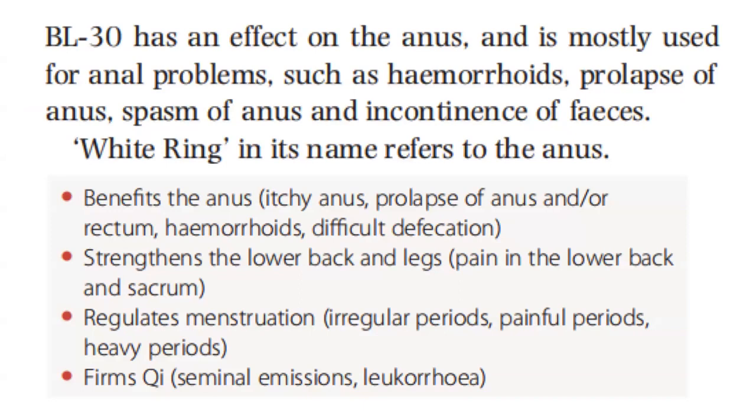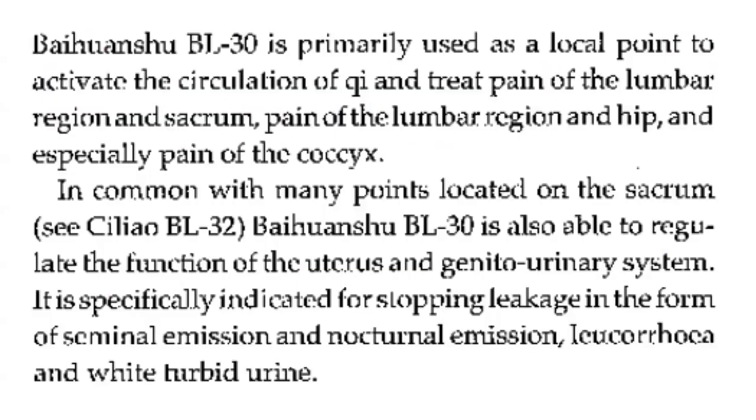Bladder 30 benefits the anus, so this is very good for itchy anus, prolapse of anus, anorectum, hemorrhoids, and difficult defecation. Strengthens the lower back and legs, pain in the lower back and sacrum, regulates menstruation, irregular periods, painful periods, heavy periods, firms qi, seminal emissions, and leukorrhea.